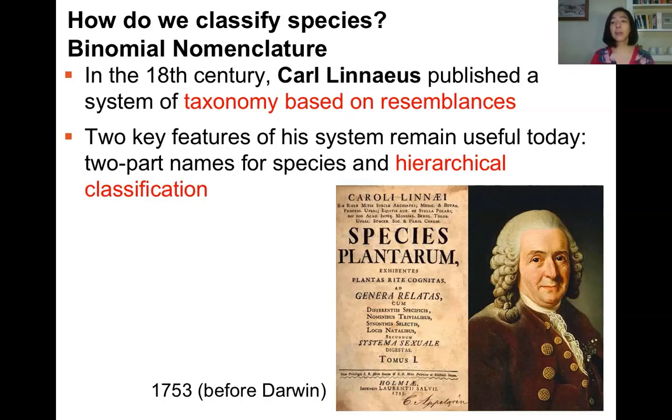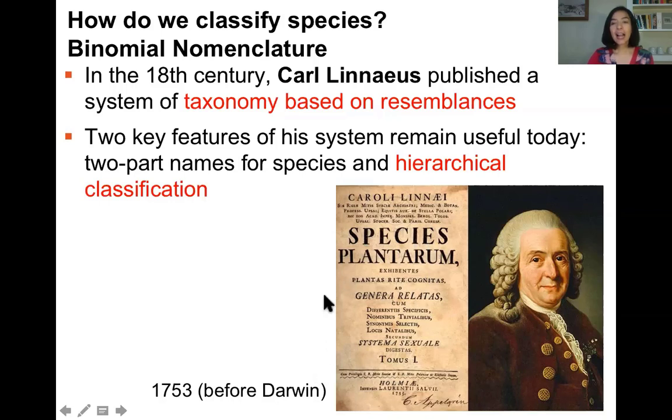Linnaeus made some important contributions. In the 18th century, Carl Linnaeus published this book, Species Plantarum, in 1753. Just for reference, this is about a century earlier than when Charles Darwin published The Origin of Species in 1859.